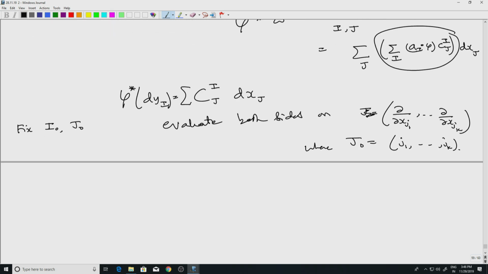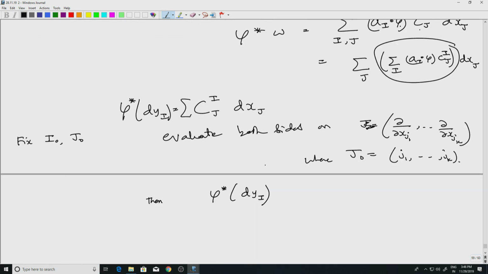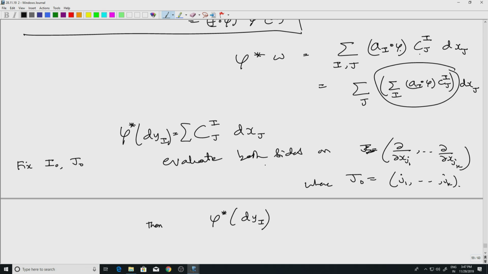When we do that, all the terms in the sum disappear except one, when J equals J0, and that will be phi star dy^I evaluated on del by del x^{j1}, ..., del by del x^{jk}.